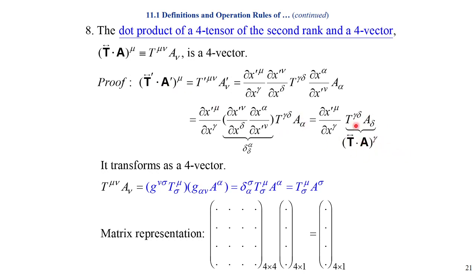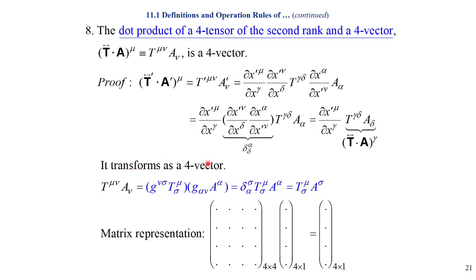But remember, we have these terms. This is a four vector. All we need to do is that they transform in the same way as the Lorentz transformation. So this one transforms as a four vector. Lambda mu gamma, sum over gamma, we get mu. Okay, we proved it.